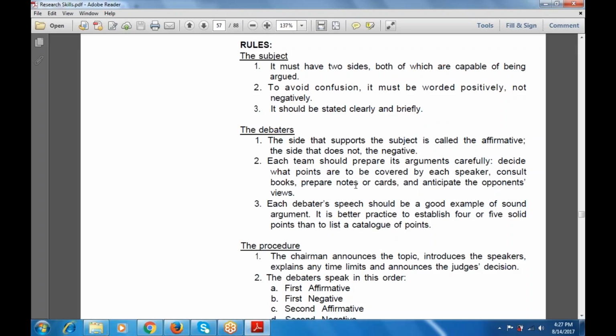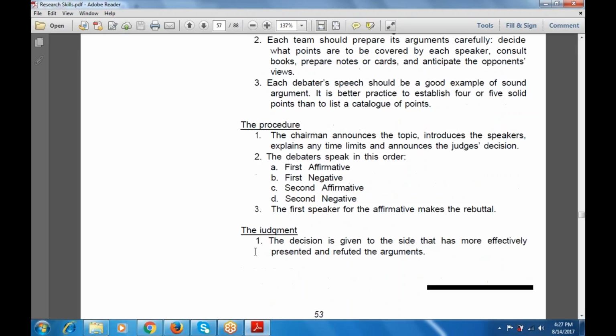Now the procedure. The chairman announces the topic, introduces the speakers, explains any time limits, and announces the judge's decision. The speakers speak in order: first the affirmative, then the first negative, then the second affirmative, then the second negative.